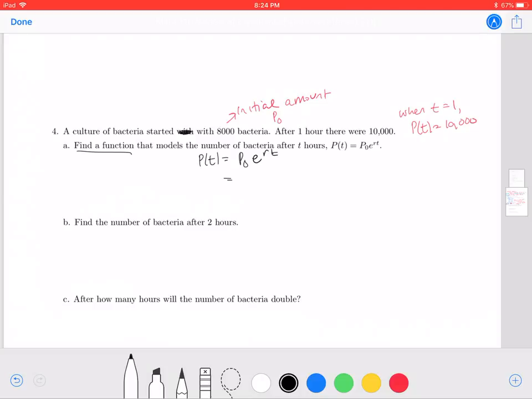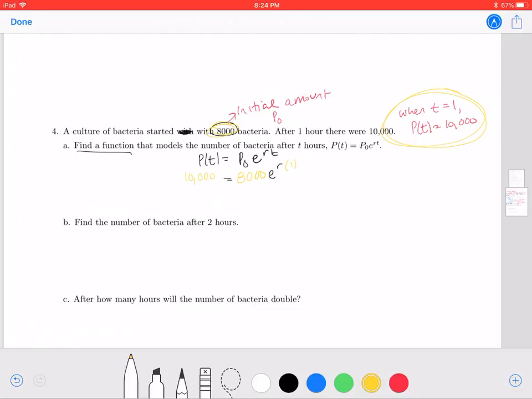I'm going to replace P sub 0 with this 8,000 here. I'm also going to plug in 1 for t and 10,000 for P of t.